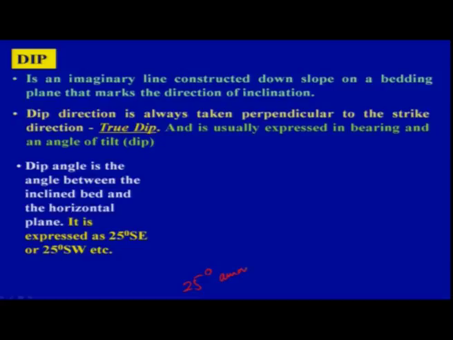So, this is your amount of dip, 25 degrees, and what you put next is your direction, either southeast or southwest. When you put this information on the map, you will write 25 degrees southwest or whatever it is; if it is southeast, you write that.